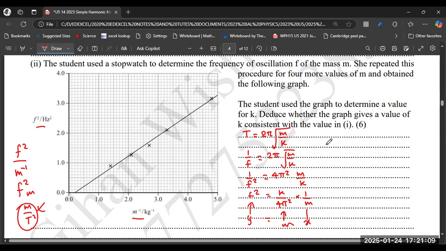Then the gradient will give us, we calculate the gradient by taking 2 good points.